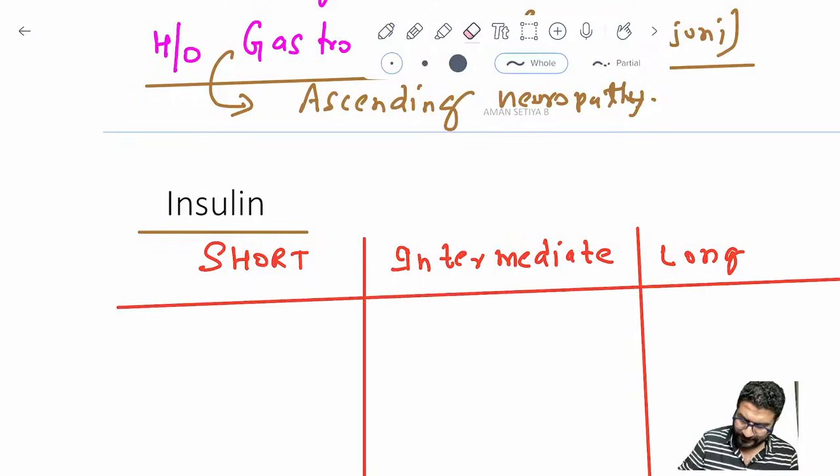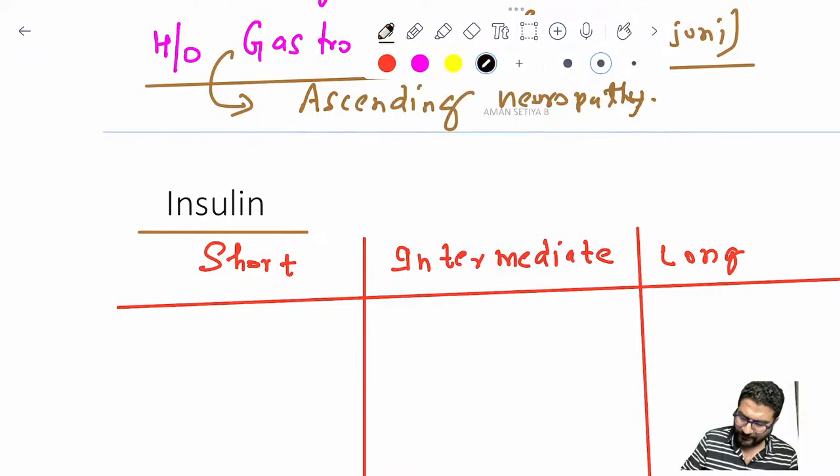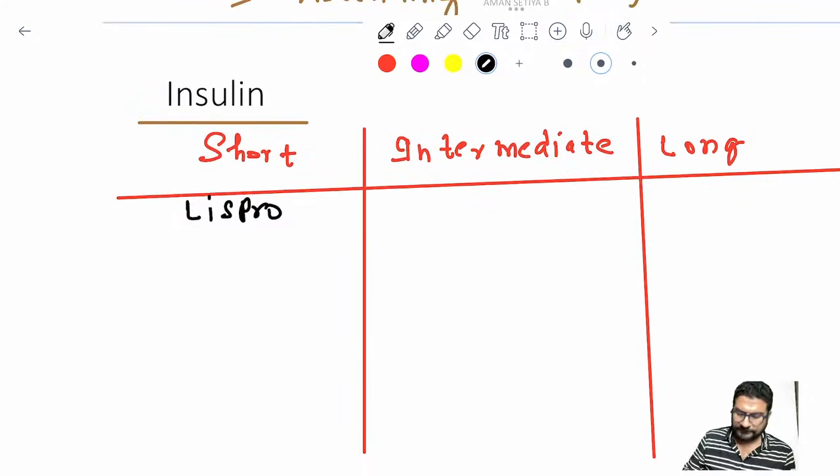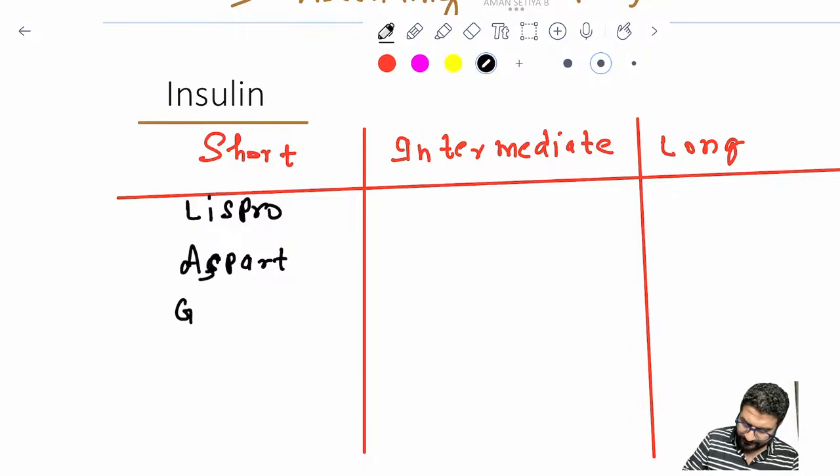Short acting means the duration of action is short. So here we have Lispro, Aspart, and glulisine.